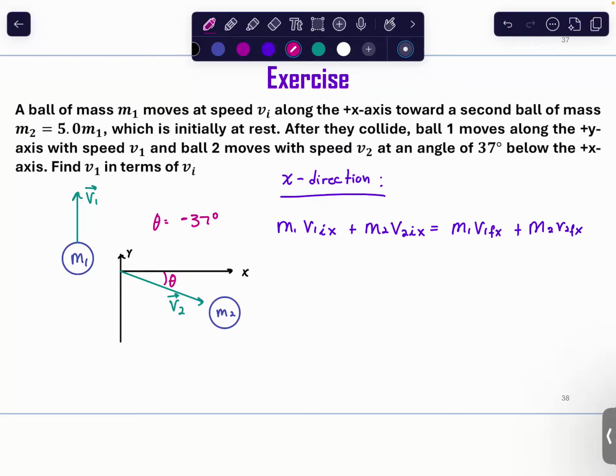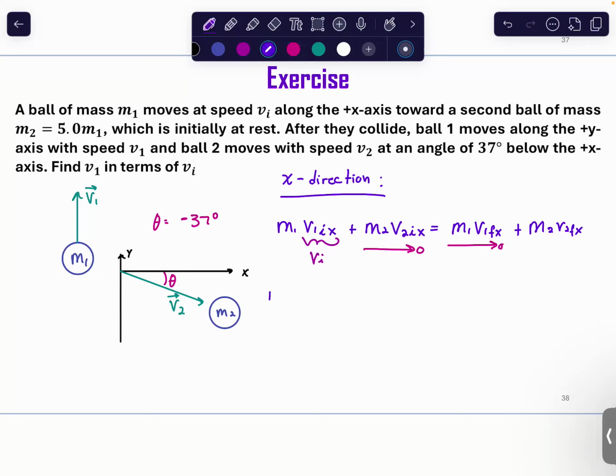Alrighty, so first off, we notice that your v1 initial x is just vi. We can also take account of the fact that initially mass 2 is not moving, and after the collision, mass 1 is only moving in the y direction, so there is no x velocity.